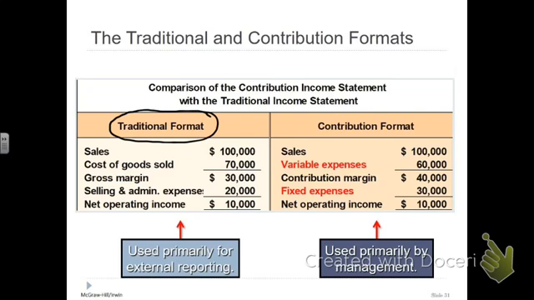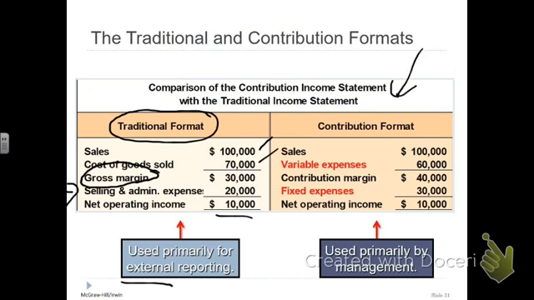It has to be used for external reporting, and what you would have is sales subtracting your cost of goods sold. That would give you something called your gross margin. If you see gross margin, you know you're using a traditional format income statement. Then you subtract your selling, general, and administrative expenses, and you get your net income.